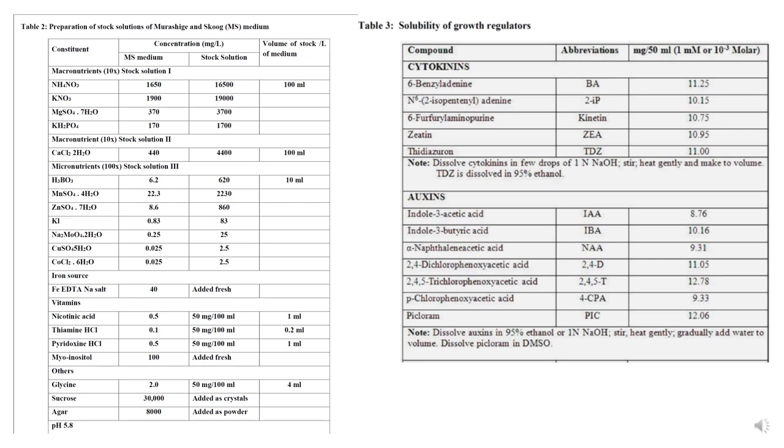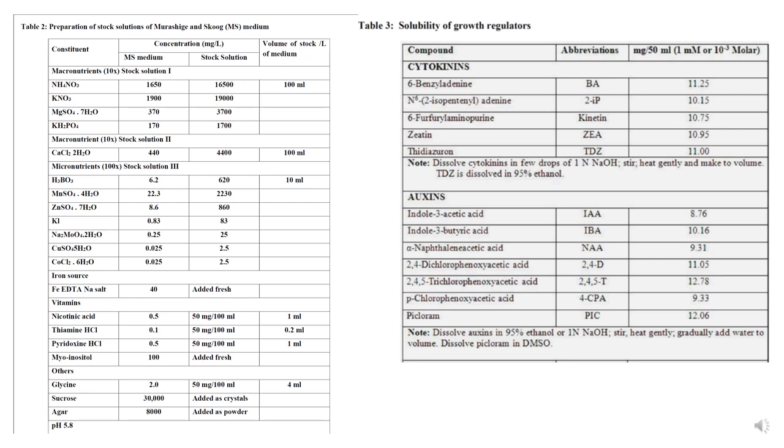So for making a stock solution, we will take 16,500 grams of ammonium nitrate, 19,000 grams of potassium nitrate, 3,700 grams of magnesium sulfate, 1,700 grams of potassium hydrogen sulfate, and we will make up to 1 liter.